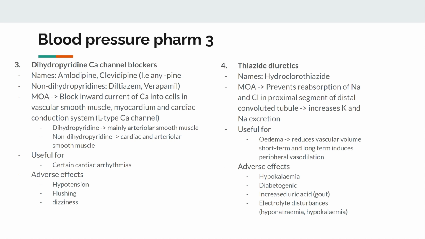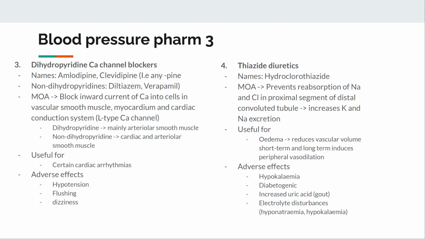And the key thing to remember with this is wherever sodium goes, water will follow, meaning that you're going to excrete more water as well. So these are very, very useful for edema. So for heart failure or edema of other causes, it essentially reduces your vascular volume short-term and long-term induces peripheral vasodilation. So they're very useful for heart failure and, as I mentioned, for any sort of edema.